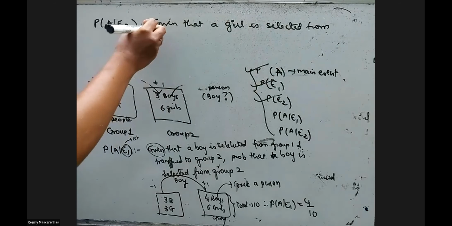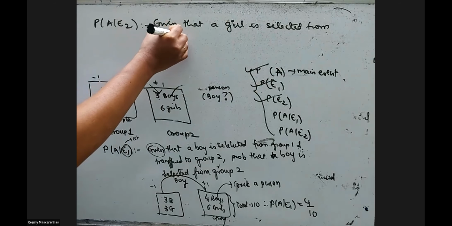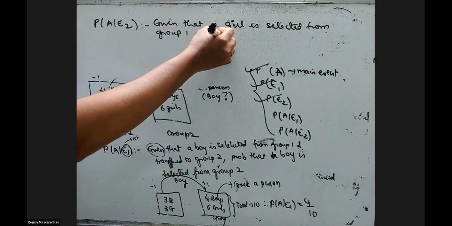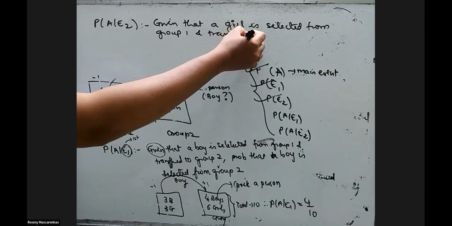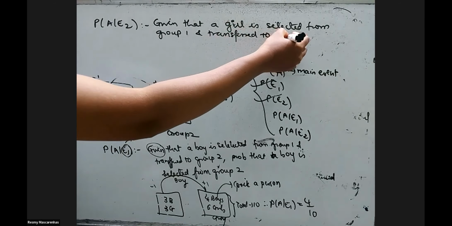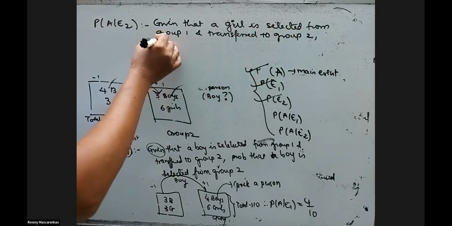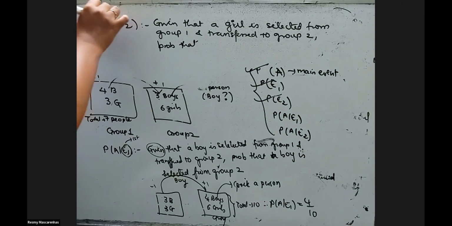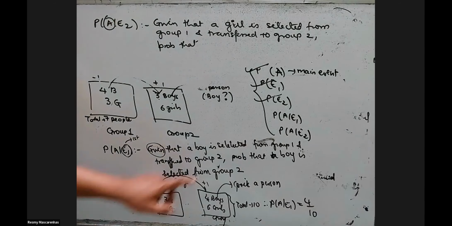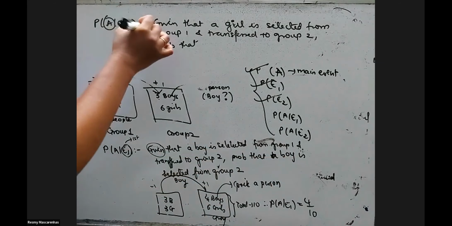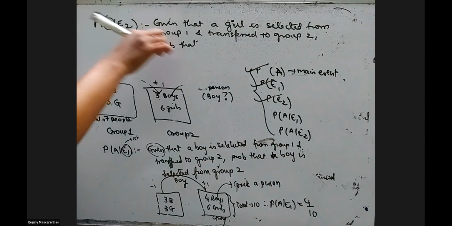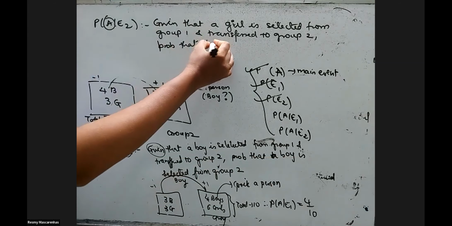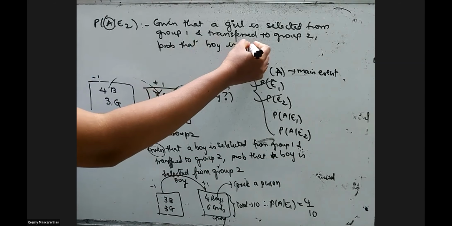Assuming that a girl is transferred from group 1 to group 2, the probability that this will not change. A is not changing. See, A is that only: probability that a boy is selected from group 2. The main event remains the same, A. What is A? A boy is selected from group 2.